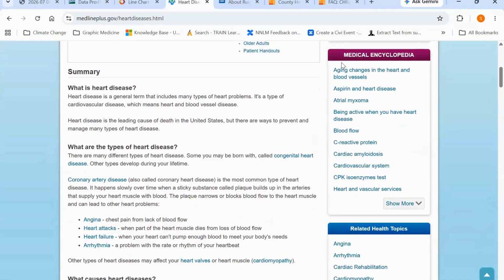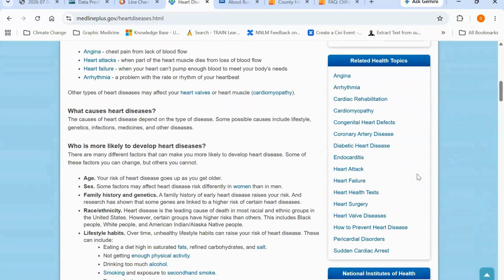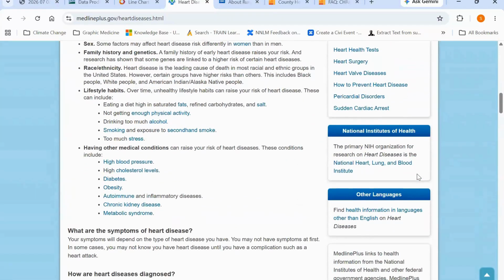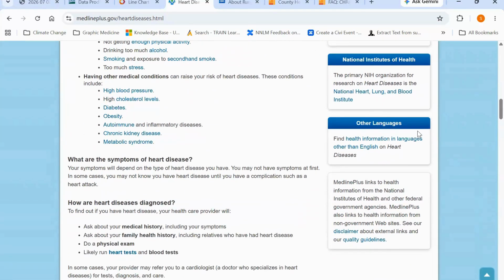So you also get the medical encyclopedia, a longer list of related health topics, the National Institute of Health institute that covers this particular health condition, and information in languages other than English.